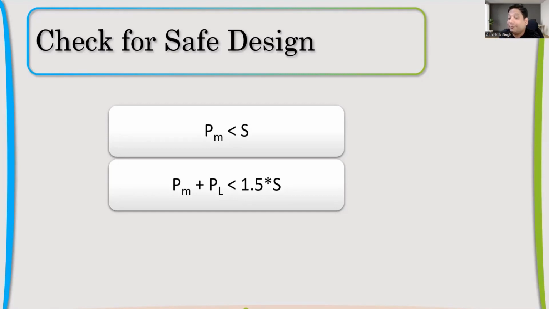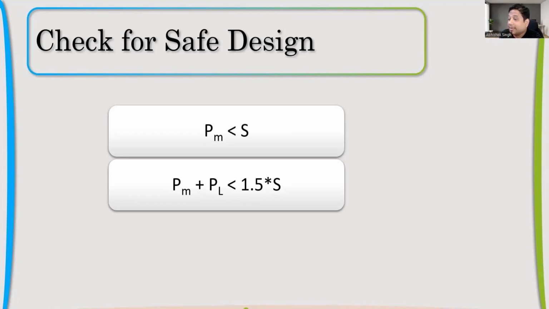It will not result into failure of that component. The local stresses are kind of secondary in nature, even though they are primary membrane stresses. But they are a little bit secondary. Just try to imagine, there is a small point where that stress is very high. It will deform and it will relax its stress, right?